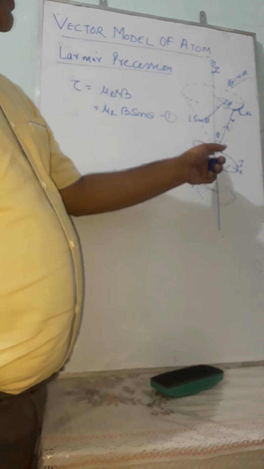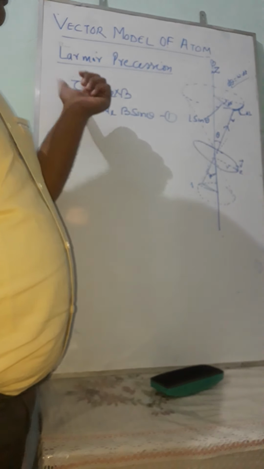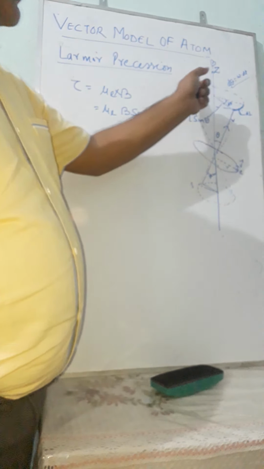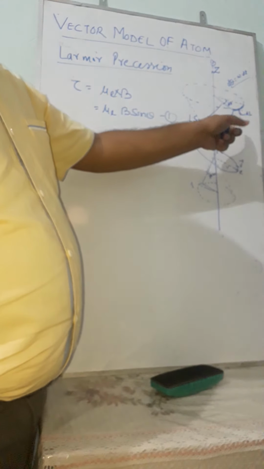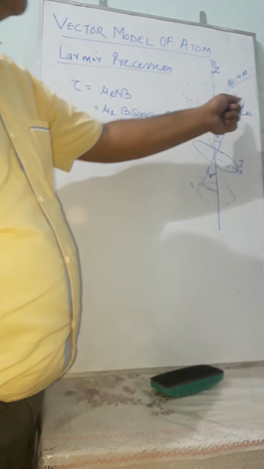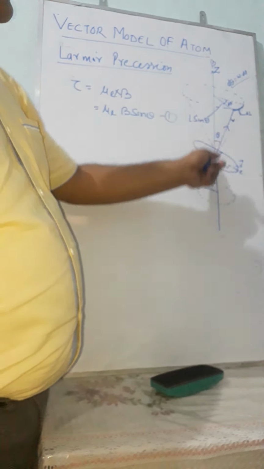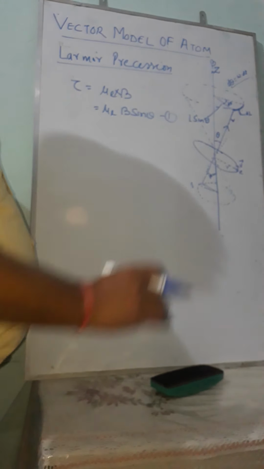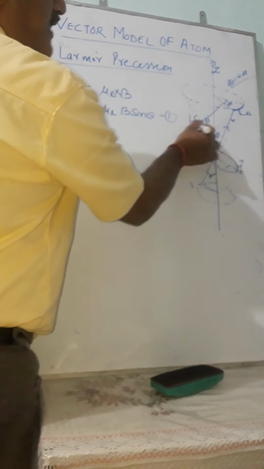Due to the electron experiencing the torque tau, the orbital angular momentum of this electron, this axis, starts precessing. This is the axis of the electron. This axis starts precessing about the field B, which is directed along the z direction, with a radius of L sine theta.